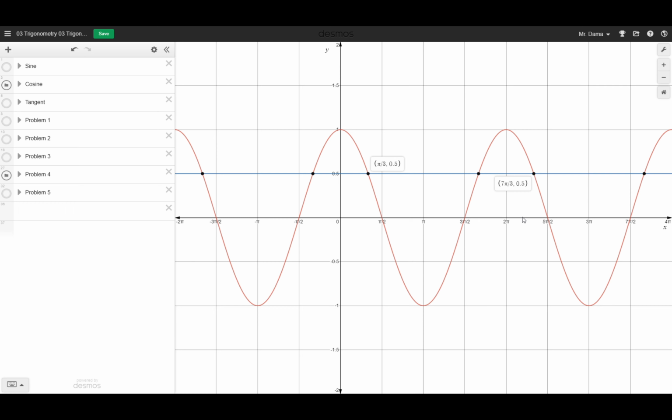There's also a line of symmetry through 0 and through 2 pi. And in fact, for every multiple of 2 pi, there's symmetry. And so that's what we're going to use to carry on and write our statements.